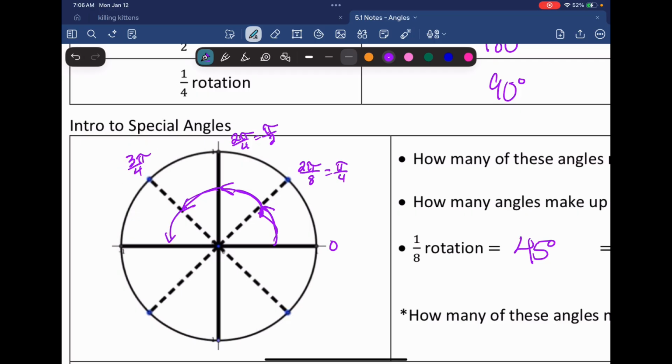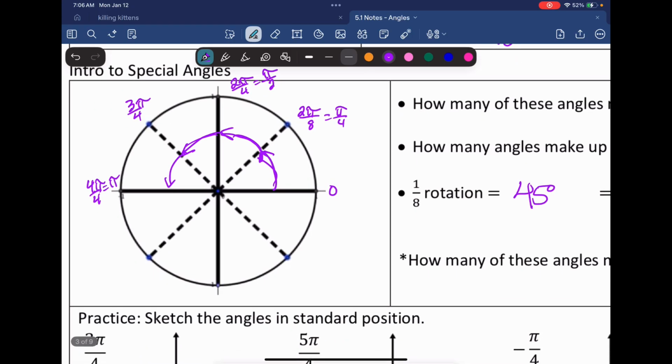If we keep going, that's 4 pi over 4, so pi, which we already knew, half a rotation. Then 5 pi over 4, 6 pi over 4, so that's 3 pi over 2, 7 pi over 4, and one more, so all 8. 8 pi over 4, which is your 2 pi.